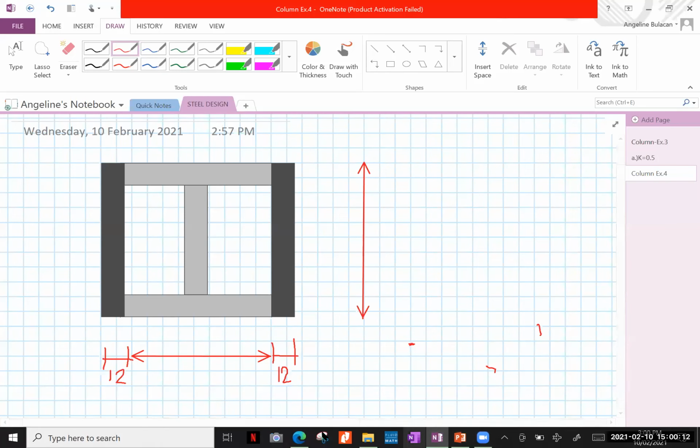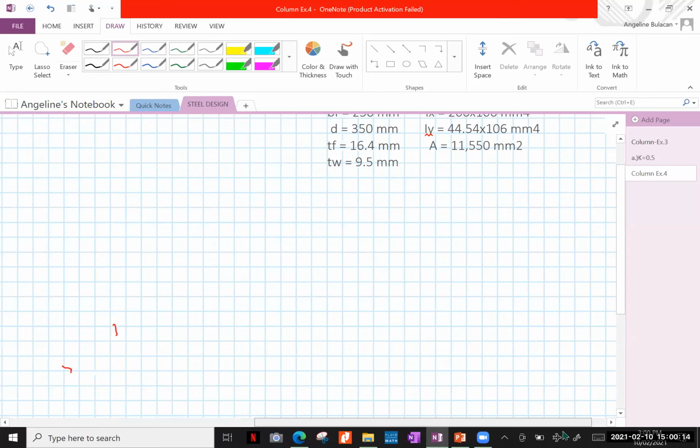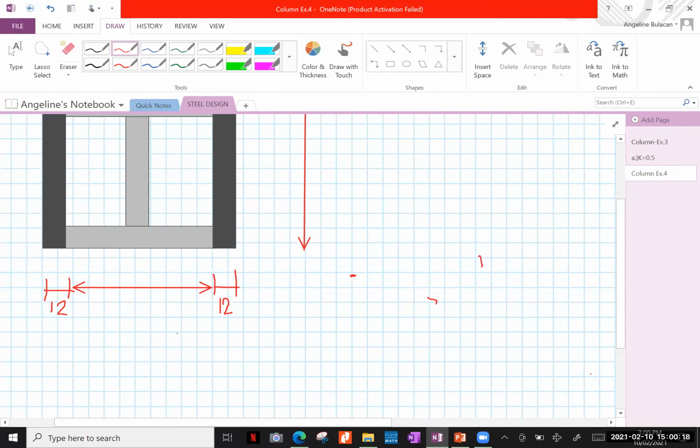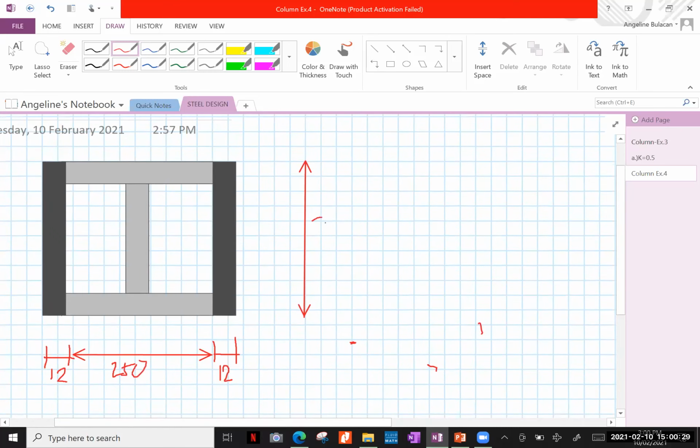Then, yung dimension is, flange width is 250, depth is 350. Pinusin dyan, 250. 250. Tapos ito naman, 350.